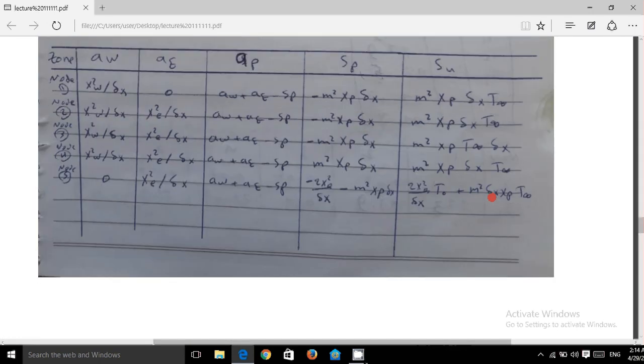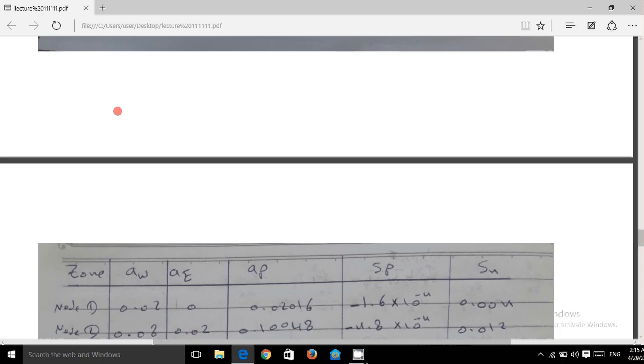X west is equal to 0. X west for node 1 is equal to 0.02. When it got to be squared, it's 0.004 over 0.002. It's converted to be 0.02.